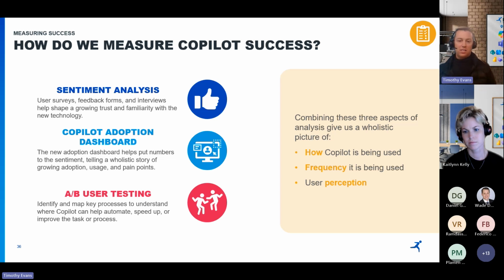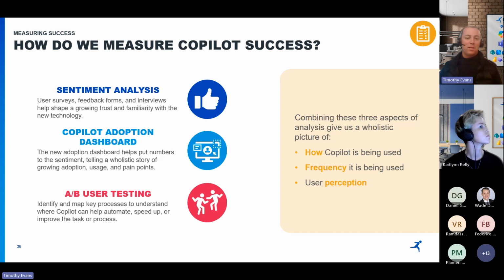So by leveraging sentiment analysis, dashboards for hard adoption numbers, and also A/B testing, we can really understand how Copilot is being used, how often it's being used, and how users feel about Copilot.